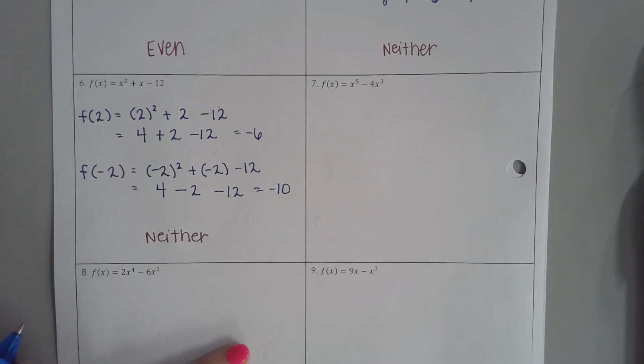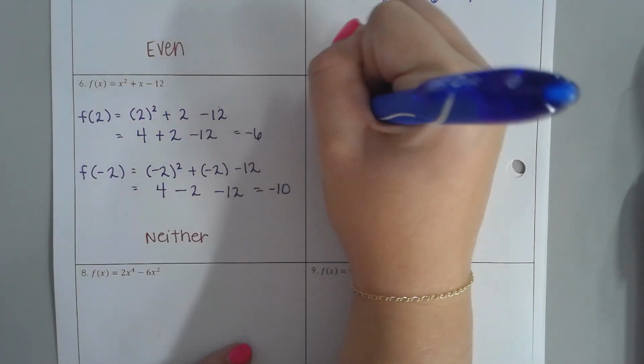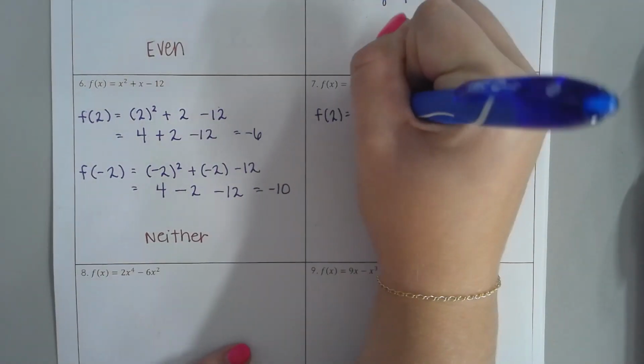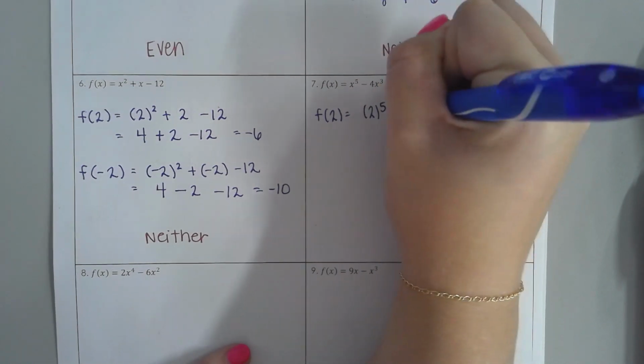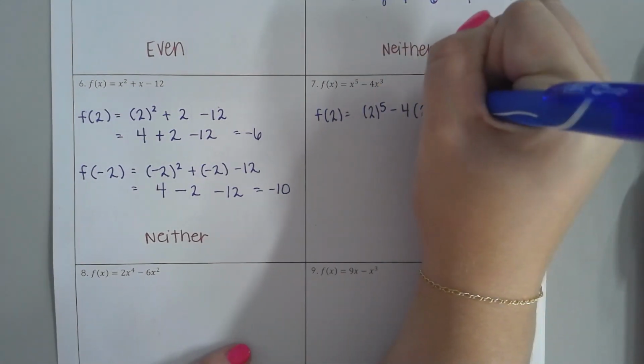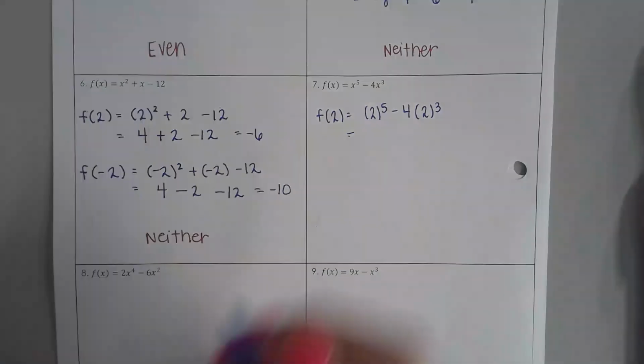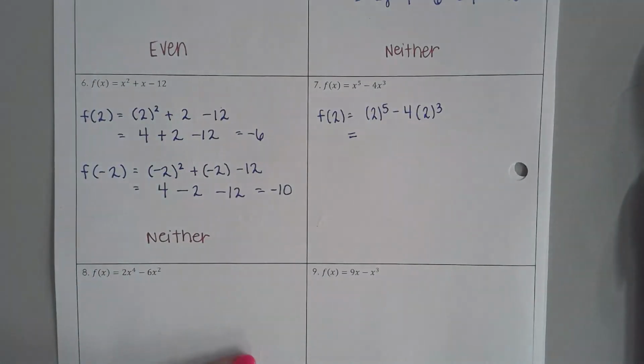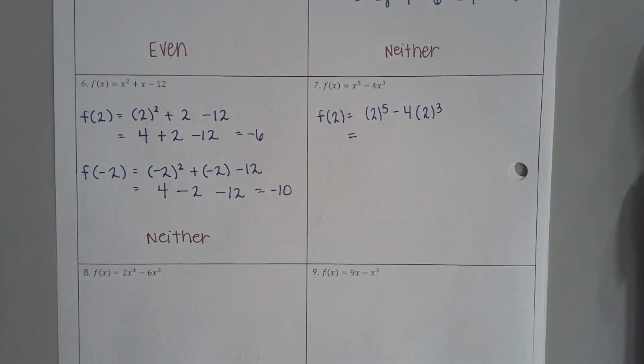Number 7, f of 2. 2 to the 5th. 2 times 2 is 4, times 2 is 8, times 2 is 16, times 2 is 32.